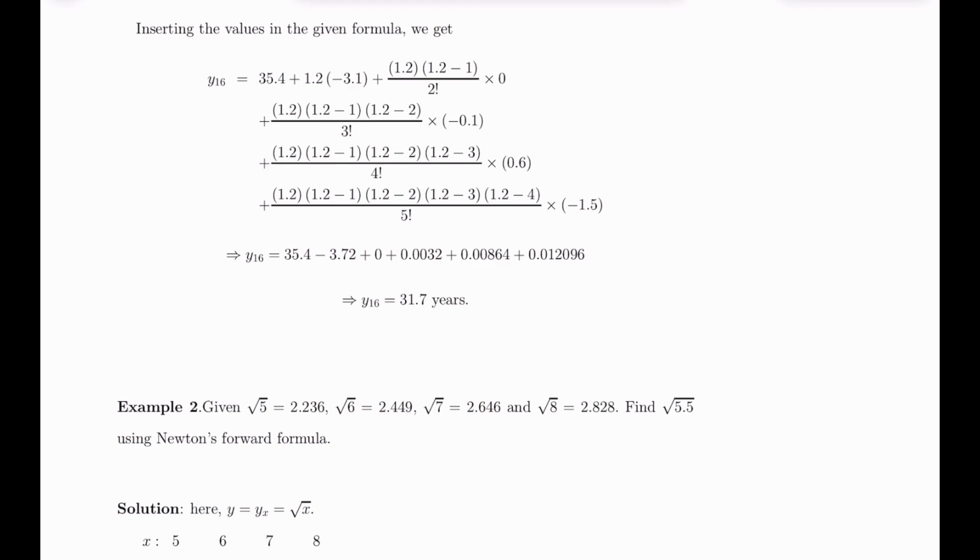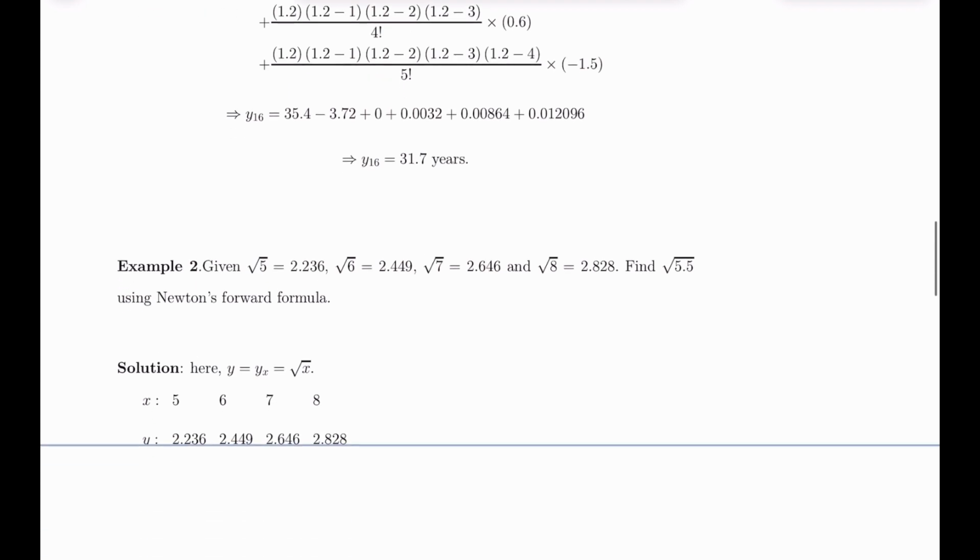It gives you the expectation of life at the age of 16 years as 31.7 years. You have simply to put the values here. This we have taken from the difference table by the red arrow in the table moving in the downward direction. This is forward and this stands for backward. So remember this.